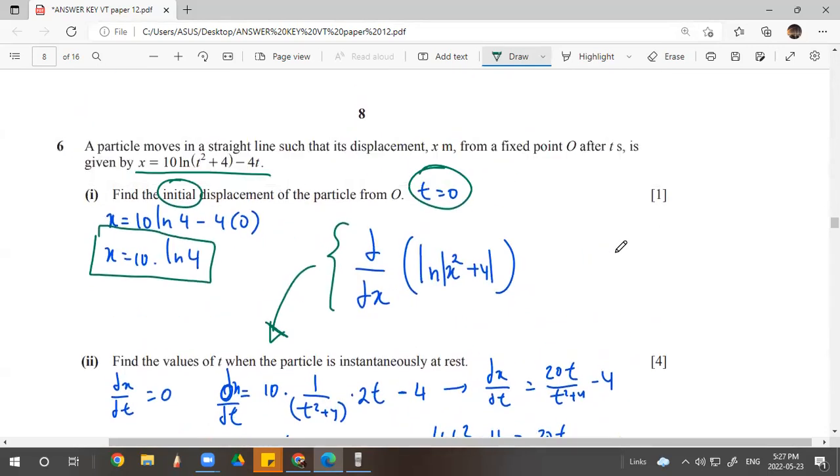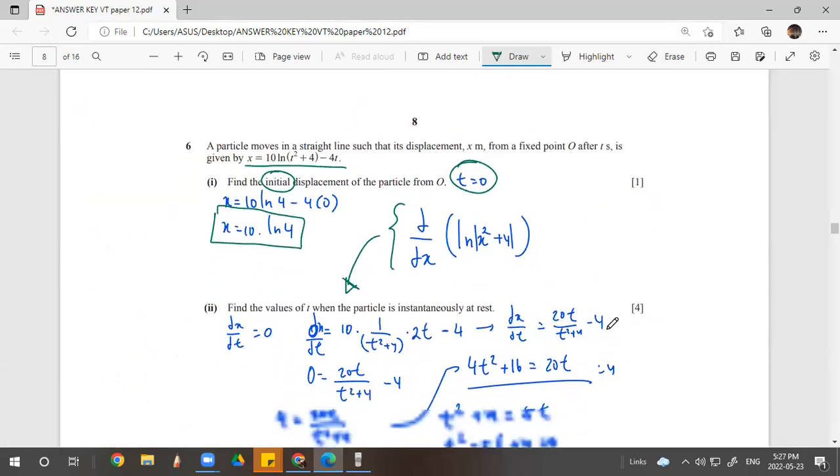Okay. Find the values of t when the particle is instantaneously at rest. So instantaneously at rest means v equals 0. Right? So the first derivative is equal to 0. And then how do you solve this? Okay, so dx/dt of 10 times ln (t squared plus 4) minus 4t is this.